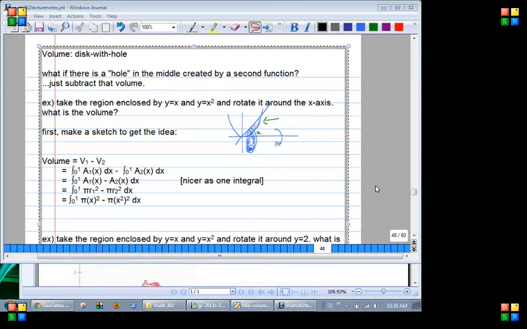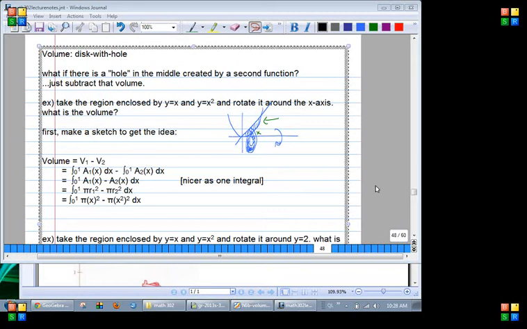And each volume is pi r squared. So you get the integral of pi r1 squared minus pi r2 squared. And notice in particular, you cannot do r1 minus r2 and then square that. That is a totally separate thing.